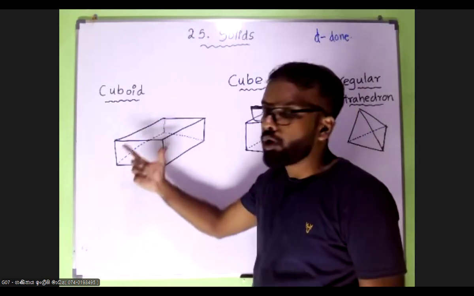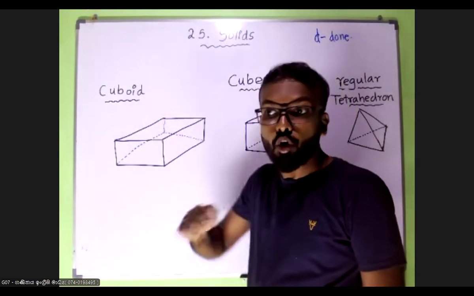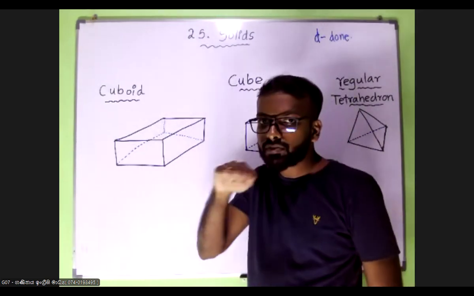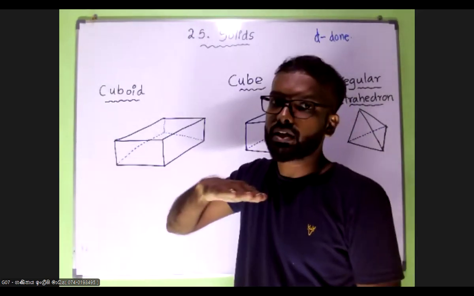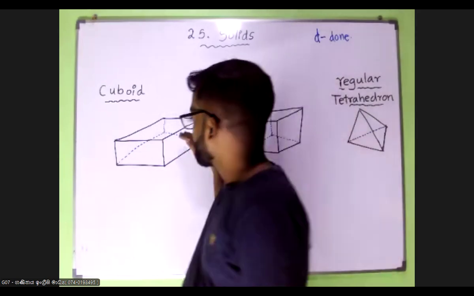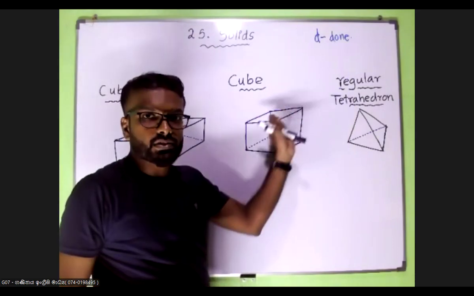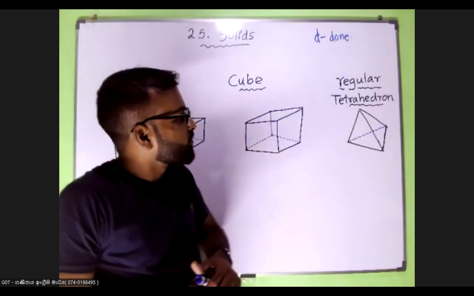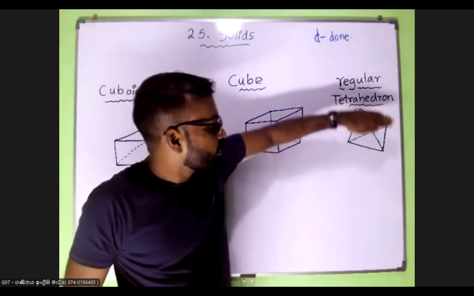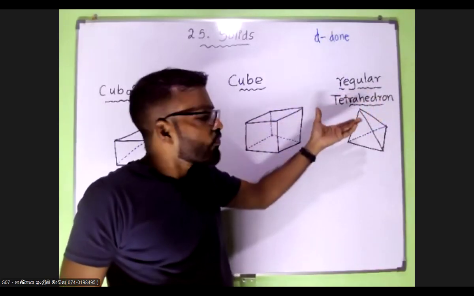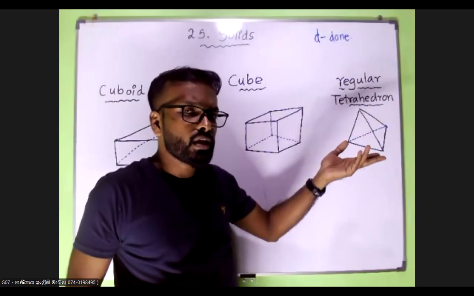Cuboid, are there any curved surfaces or flat surfaces? For the flat surfaces, we call it a plane surface. This also is a plane surface. Flat. And a regular tetrahedron also has plane surfaces. Flat. We cannot find any curved surfaces.